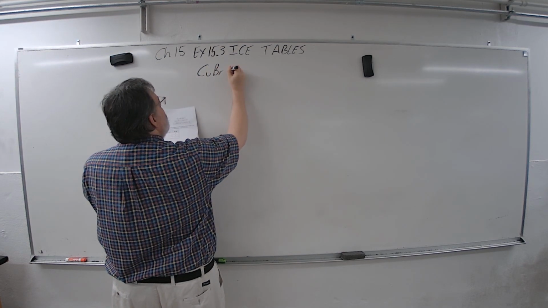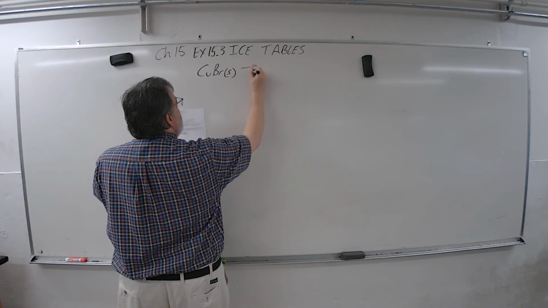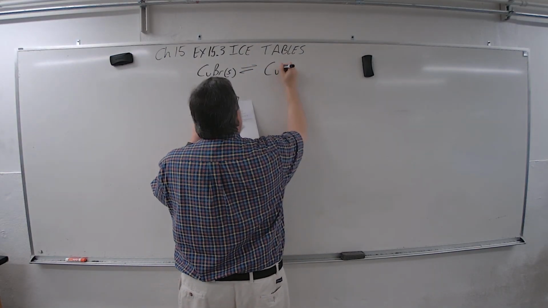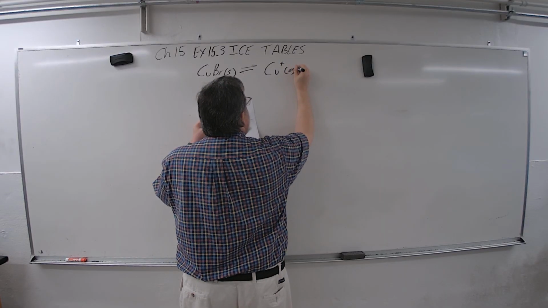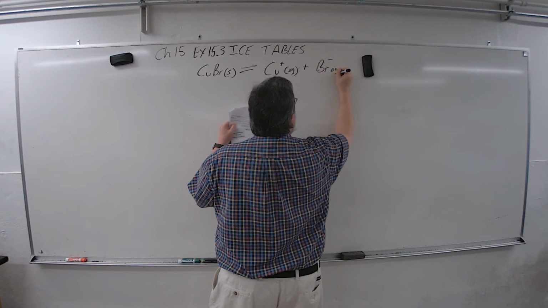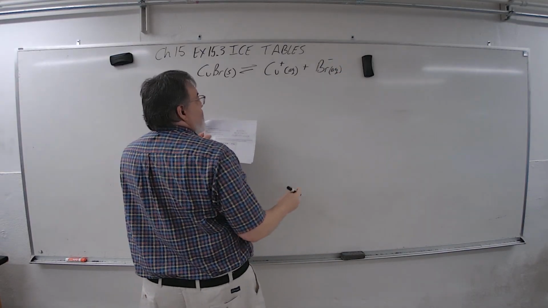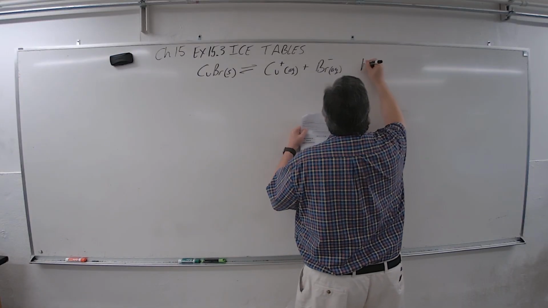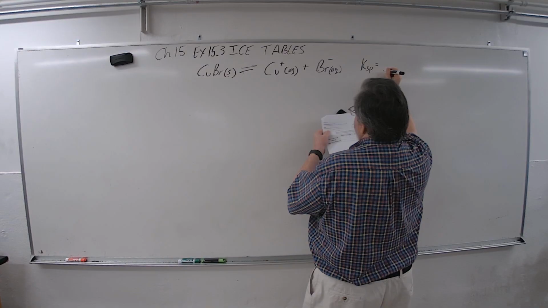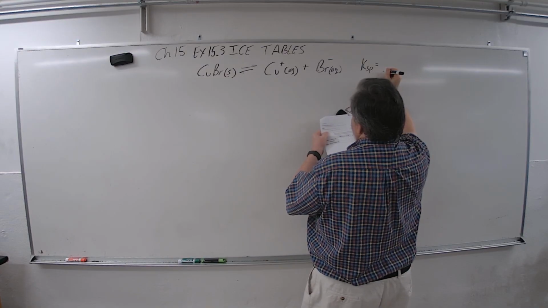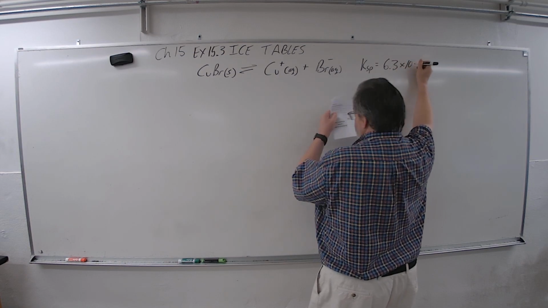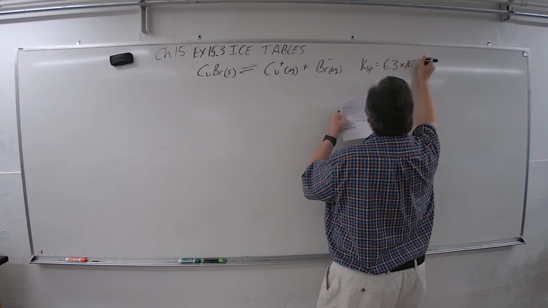This is what we're putting in some water. It's marginally soluble, but it still does this by a little bit. And we're also told the Ksp for this dissolution process is 6.3 times 10 to the -9.